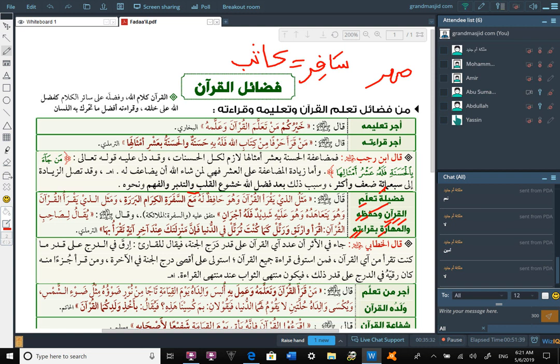So he says, ma'a safarati al-kirami al-barara, with the obedient, noble scribes, meaning the angels. The person who recites the Qur'an and he's a hafidh of it, he is with the obedient, noble scribes, meaning the angels.